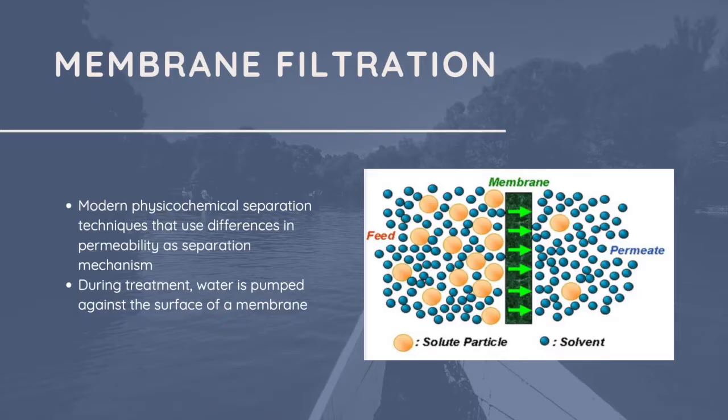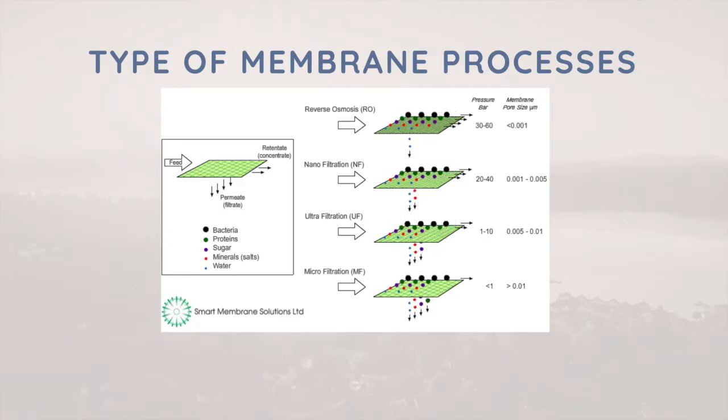So, how can we produce the reclaimed wastewater? By membrane filtration. Membrane filtration is basically a modern physicochemical separation technique that uses differences in permeability as separation mechanisms. During treatment, water is pumped against the surface of the membrane. Now, let's look into the types of membrane processes.